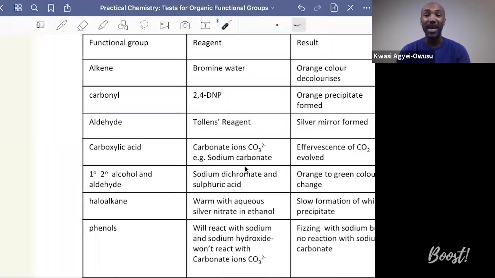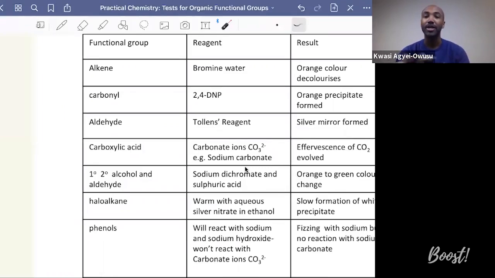But in the case of phenols reacting with sodium carbonate, there is no reaction, unlike in the case of carboxylic acid. So we'll be looking at that particular method for identifying the phenolic group and for telling it apart from, say, weak acids such as carboxylic acids.